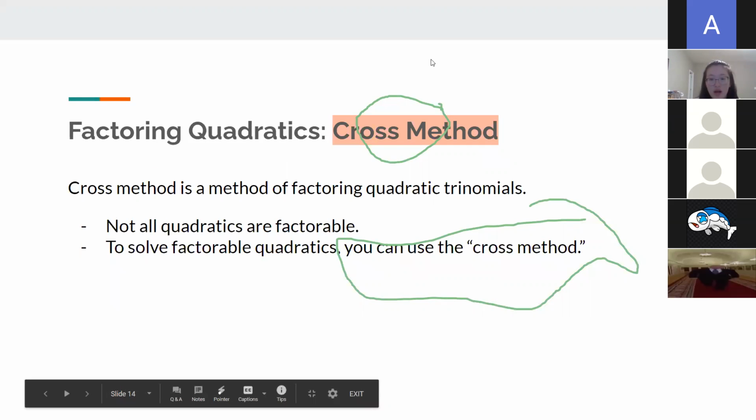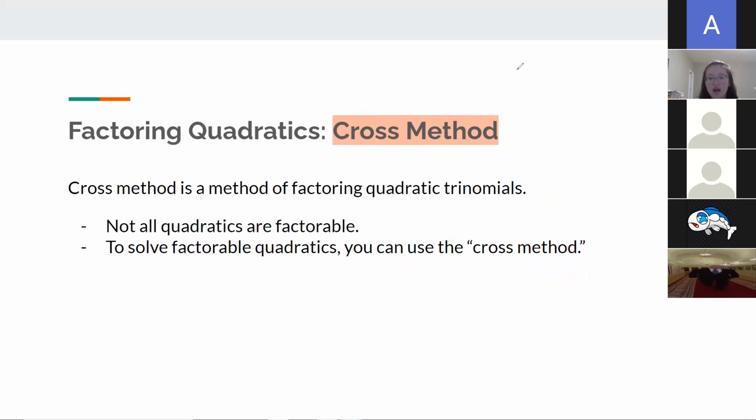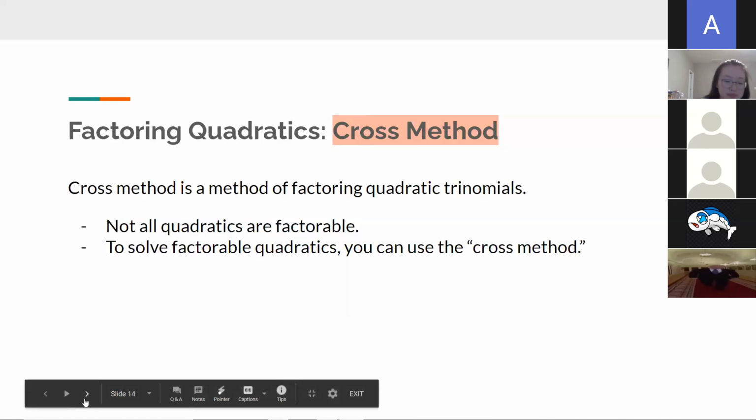So I talked about how if you use the quadratic formula, it's sometimes a little time consuming. Some other ways you can solve it include the cross method. The cross method is a method of factoring quadratic trinomials. It's also important to remember that not all quadratics are factorable, and to solve factorable quadratics, the cross method is one of the easier ways to do it.